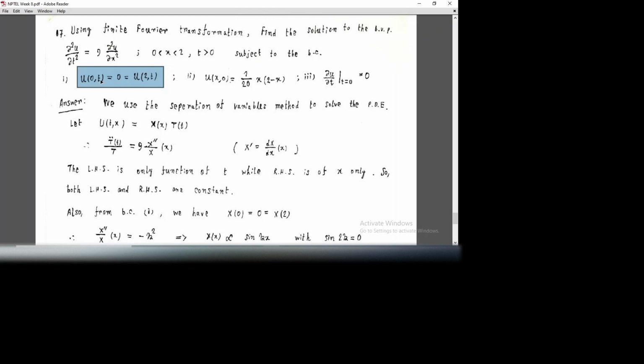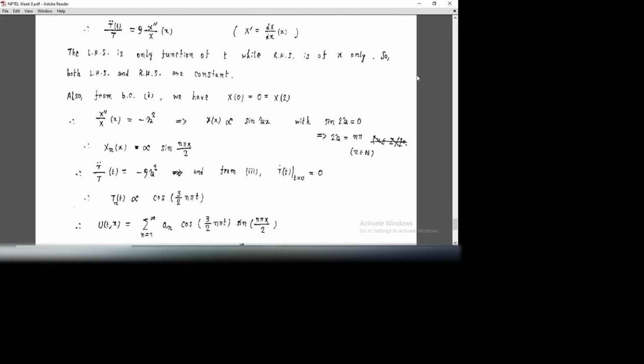So again, as I have said before, in these kinds of problems, when the value of the function at the boundary points is 0, you can use the half range sine series. Use the half range sine series and feed it to the differential equation and satisfy these boundary conditions.